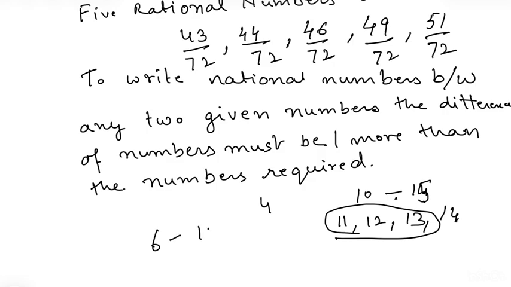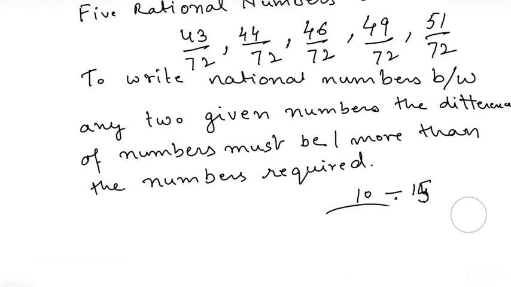Similarly, in 6 to 10, how many numbers can I write? I can write 7, 8, 9, 3 numbers. Difference इनका 4 है, but counting number उससे एक कम है. So this thing we will be writing in the explanation.